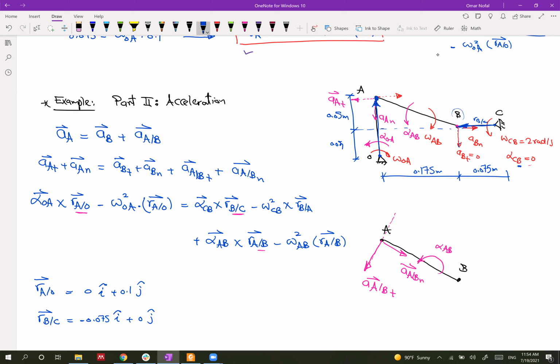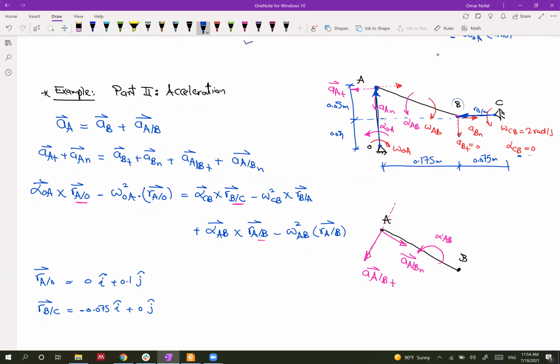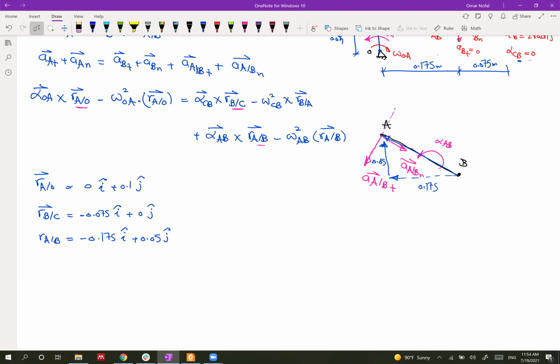But for vector RA with respect to B, which is this vector, it has a component in the X direction and a component in the Y direction. The X direction magnitude is 0.175 and the Y component is 0.05. So it has negative 0.175 in the I hat plus 0.05 in the J hat. So I got all the R XY components.